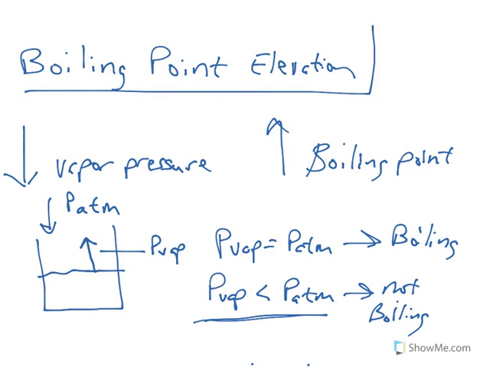Thus, you are elevating the boiling point. So a much easier way to explain why you salt your water when you want to cook spaghetti faster is because you can elevate the boiling point of water to a higher temperature, thus you can cook the spaghetti faster. Careful: throwing salt in the water doesn't make your water boil faster. It just makes it boil at a higher temperature, thus you can cook faster.